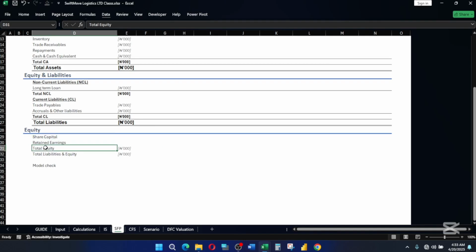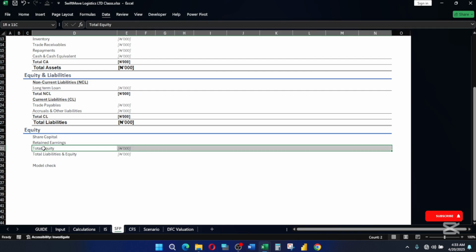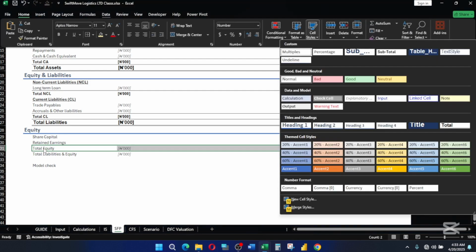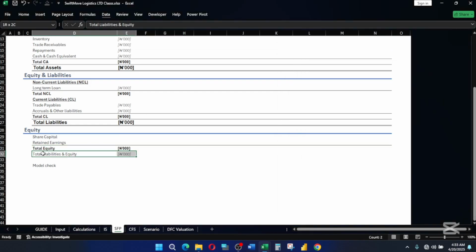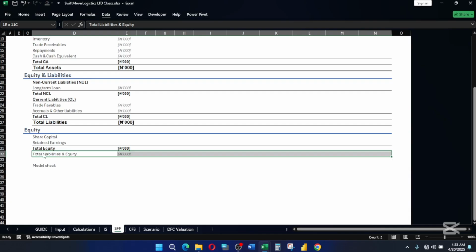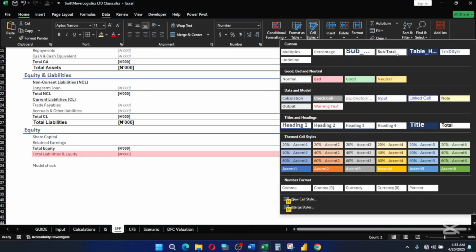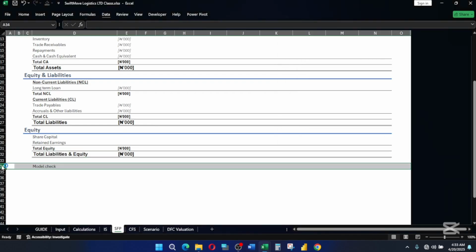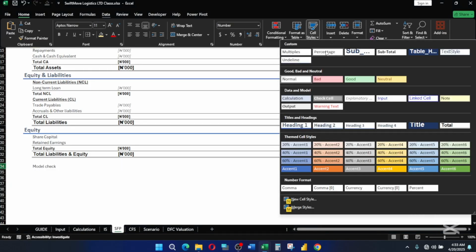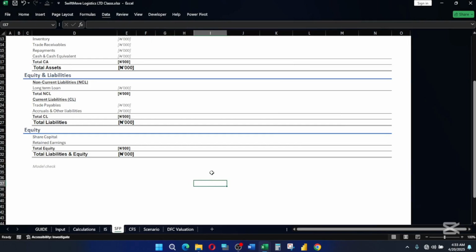We have the total equity. Total equity is going to be subtotal. Then we have our equity, which should be this. Then this is our model check. We just apply the explanatory style. That is what is going to guide us to know that our model has actually balanced.